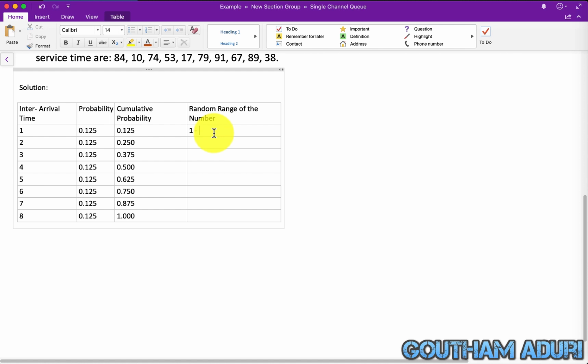I will just start from 1 to 125, and 126 to 250, 251 to 375, 376 to 500, 501 to 625, 626 to 750, 751 to 875, 876 to 1000. You can put 1000 or something like that.